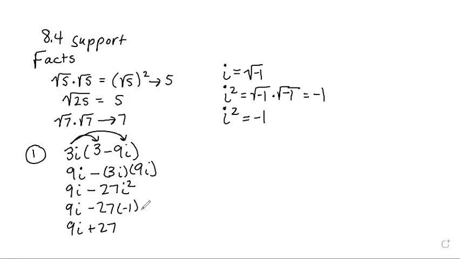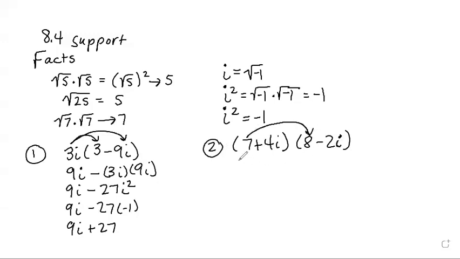So if we make it a little bit more complicated, let's say we have (7 plus 4i) times (8 minus 2i). Okay, we're going to multiply that 7 times the 8. We're using FOIL, right? First, outer, inner, last. So we've got 56.